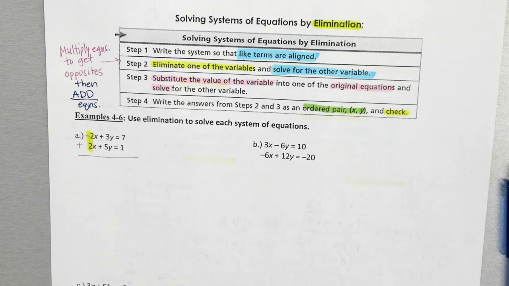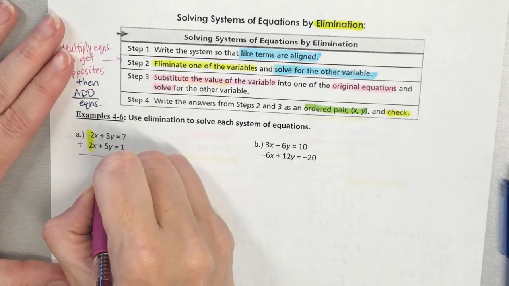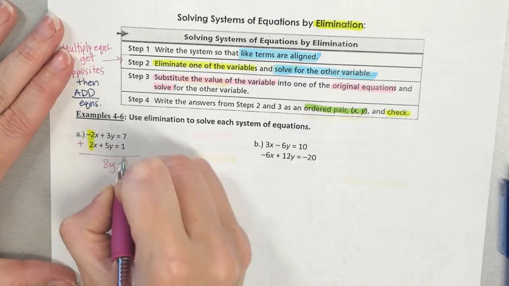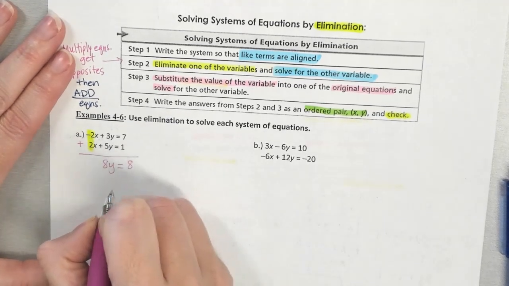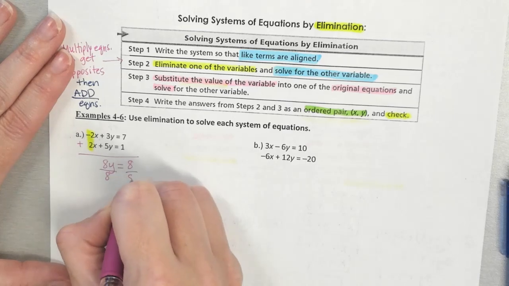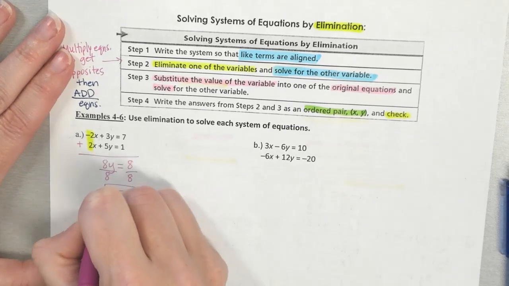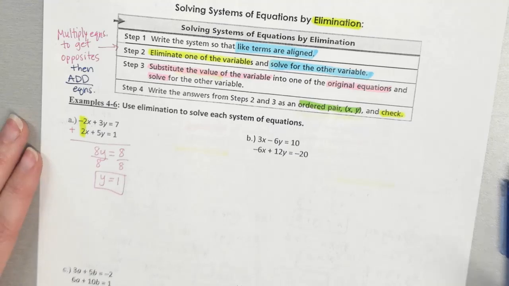When you add straight down, you get the 3y and the 5y is 8y. 7 plus 1 is 8. To get y by itself, we divide by 8, and we get y equals 1.